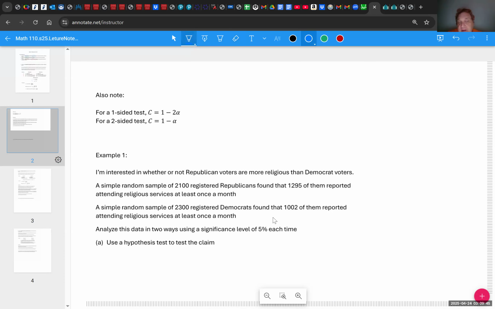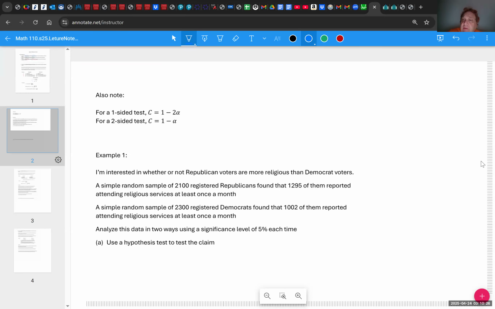This is fictitious, but suppose I collected a simple random sample of 2,100 registered Republicans, and I asked how many of them report attending religious services at least once a month, and I got 1,295 out of 2,100 people surveyed who say that yes, they attend religious services at least once a month. And I do the same thing with registered Democrats. I get 2,300 registered Democrats, and I find that 1,002 of them report attending religious services at least once a month. So now I'm going to analyze the populations based on these two samples.